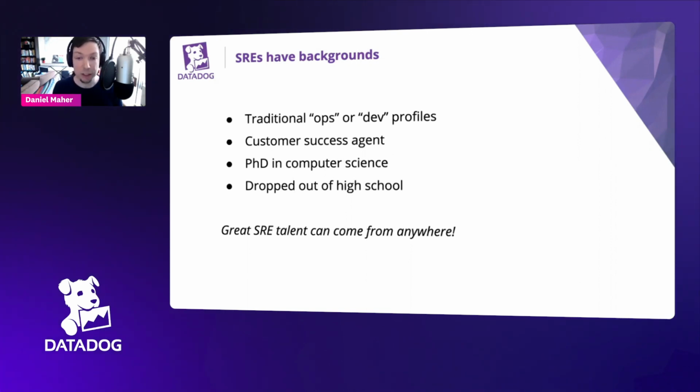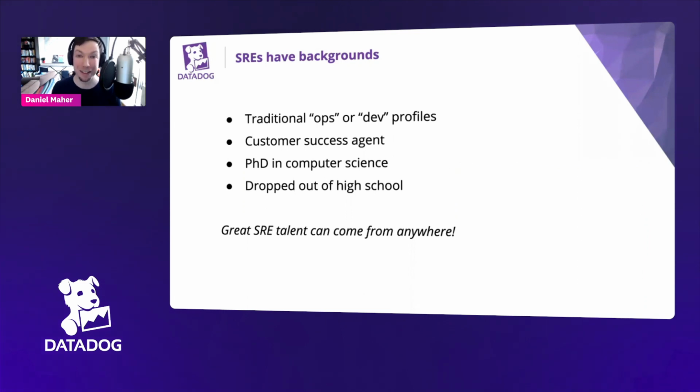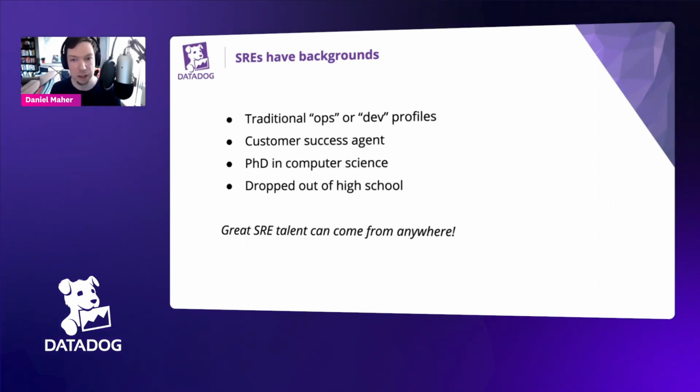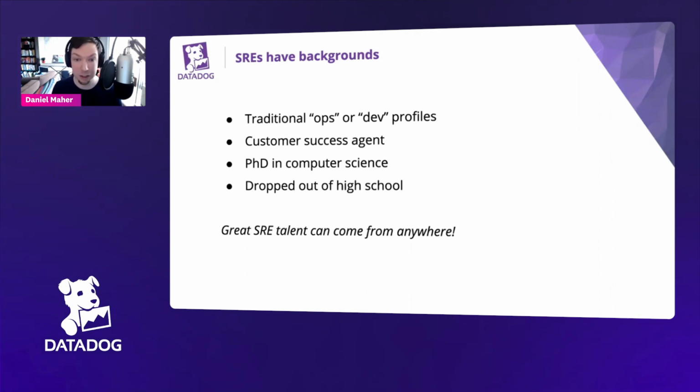It's also important to look elsewhere, because as Leo mentioned, diversity is a big part of what makes a successful SRE team. A diversity of backgrounds, of ways of looking at things, of life experience, of tech experience, and so forth, just bringing a lot of different things to the table. For instance, at Datadog, we've had people come from other areas of the organization. We have a person with a PhD, someone who's dropped out of high school, right?